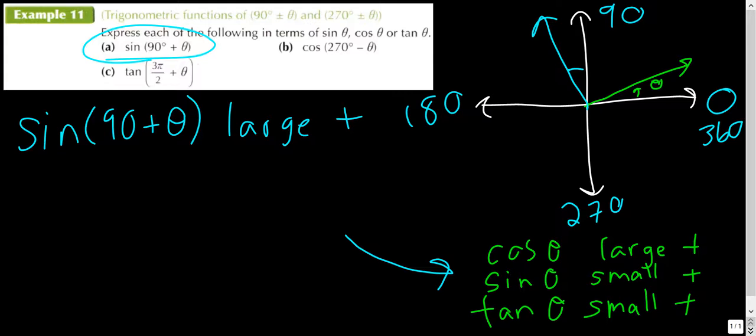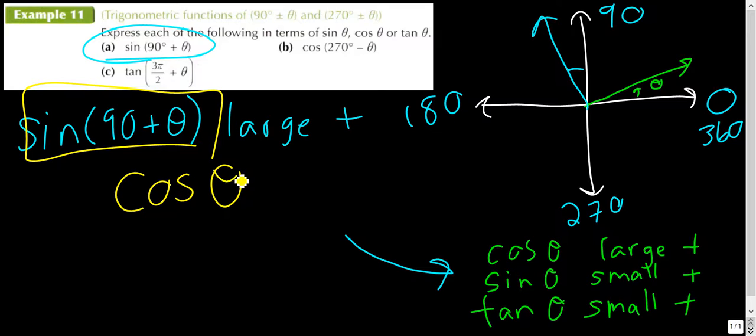So the sine of 90 plus theta is actually the same thing as the cosine of theta. They're identical because of how much magnitude they get. As we move 90 degrees around, we're shifting the magnitude from the cosine to the sine, because they are what we call co-functions of each other.